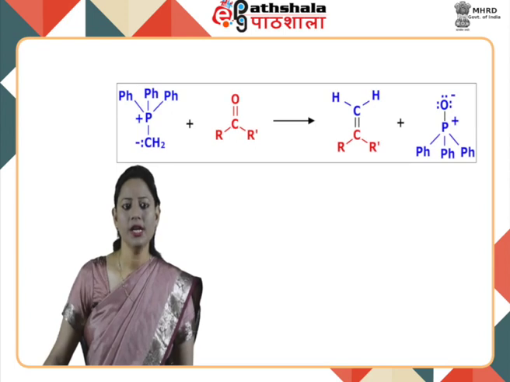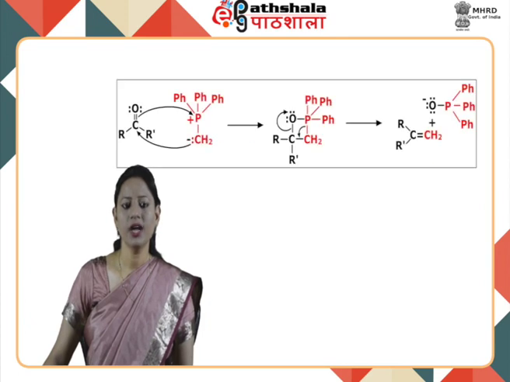Here you can see the triphenylphosphine methylide has a CH2 group in which the carbon is negatively charged. This reacts with an aldehyde or ketone to form a cyclic intermediate, betaine, which then gives the resulting alkene.